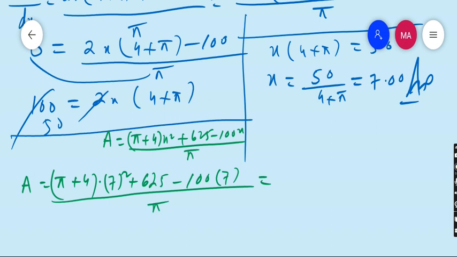The final answer is 87.5, correct to 1 decimal place.